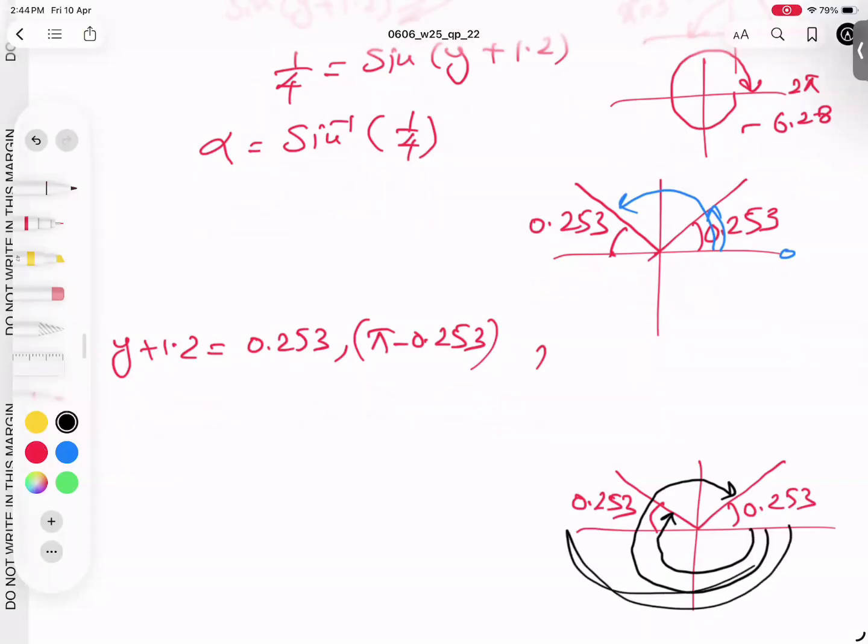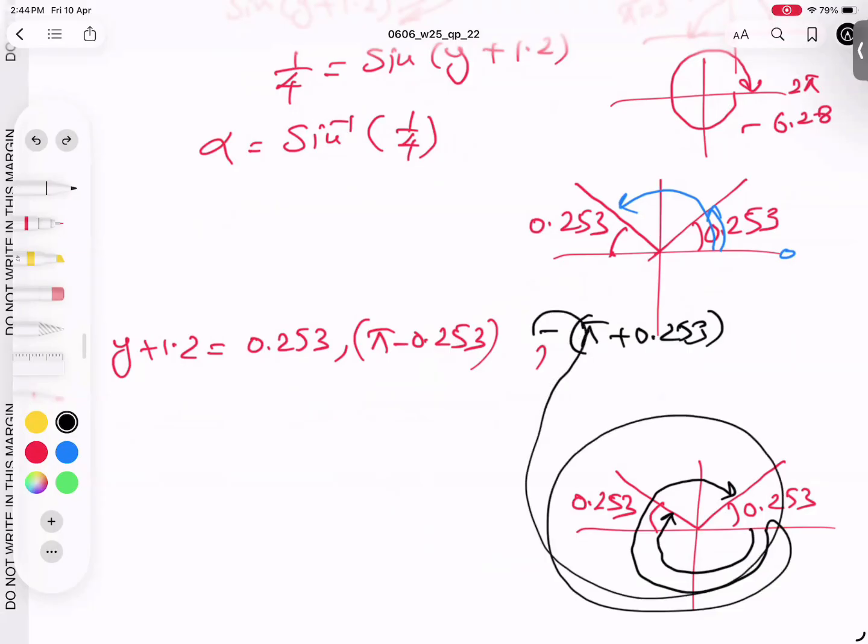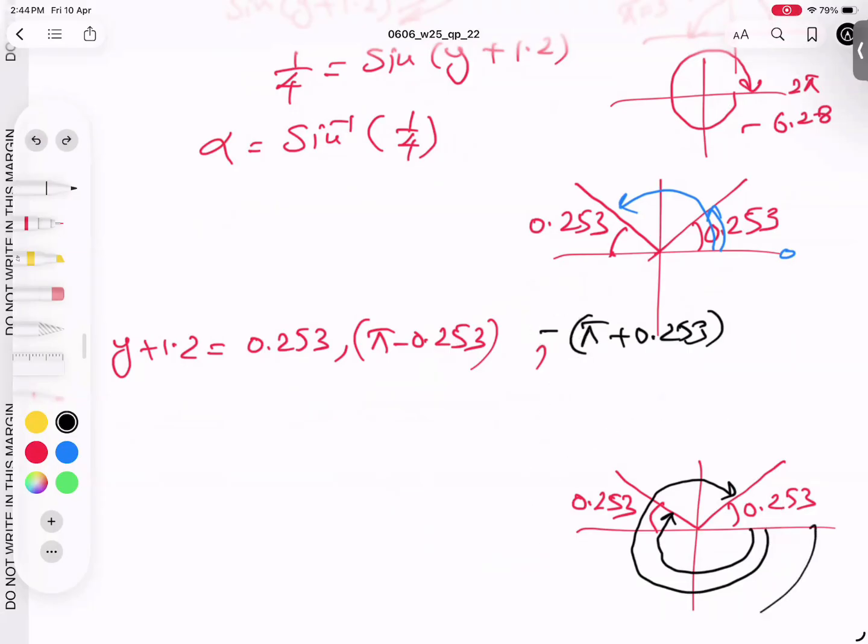What is this? 180 degrees, then pi plus that. But for the sake of understanding, pi plus 0.253, I'm putting a minus sign outside. You may ask, why put a minus sign outside, sir? Because when I go clockwise it is always a negative sign. And this is pi, and when I move forward, I add. I think the idea is very clear.